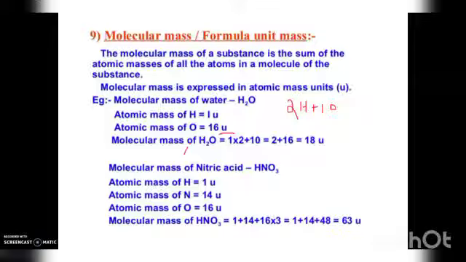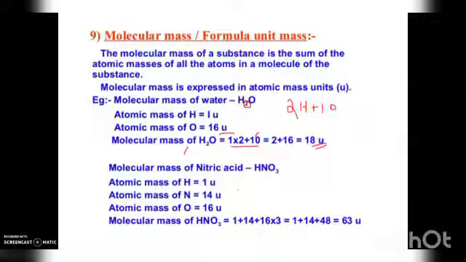There are 2 hydrogen atoms in the H2O molecule, so we have to consider 2 atoms. It is the sum of the atomic masses: 1 into 2 plus 16. So we get 2 plus 16, that is 18 unified mass.